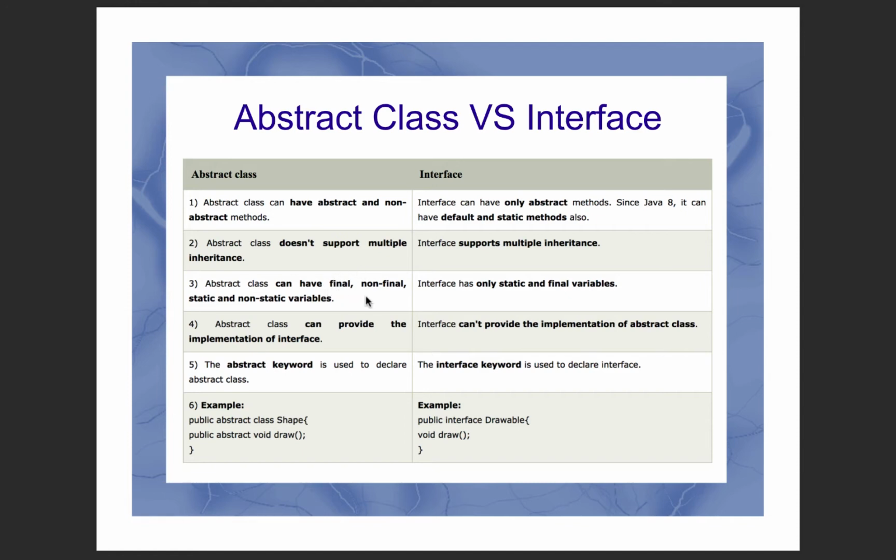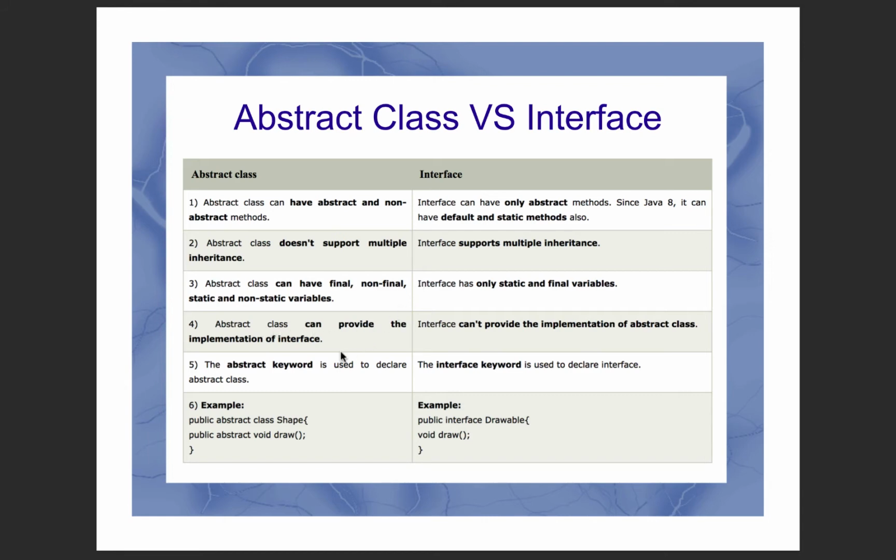An abstract class can have final, non-final, static, and non-static variables. These are the different types of variables. So non-static variable, static variable, you should learn those things. I believe you already learned those things in the previous course. However, an interface has only static and final variables.